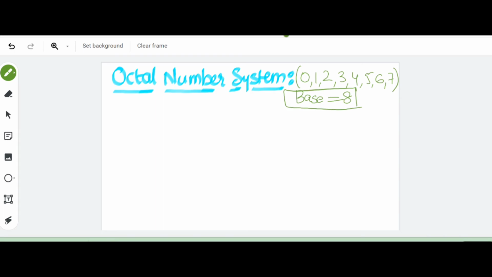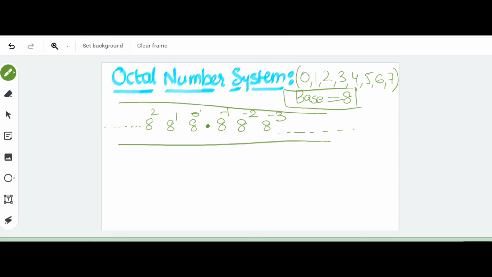Remember this. Now, in this representation, whatever is on the left-hand side of the dot starts with power 0 and goes with positive powers, and whatever is towards the right side goes with negative powers.